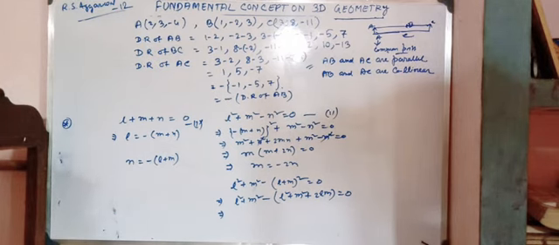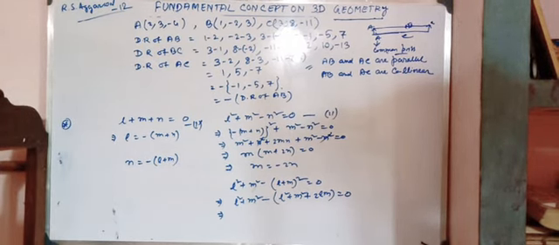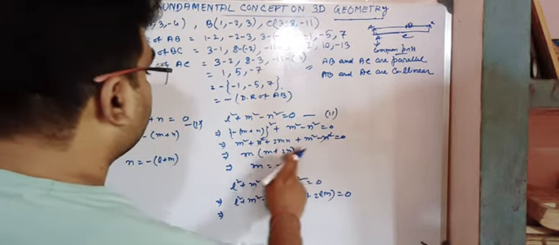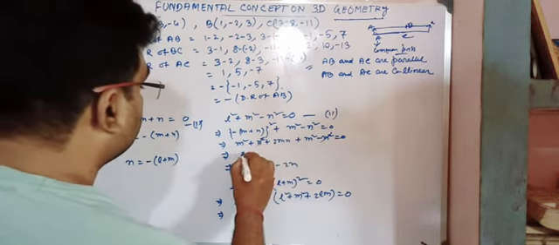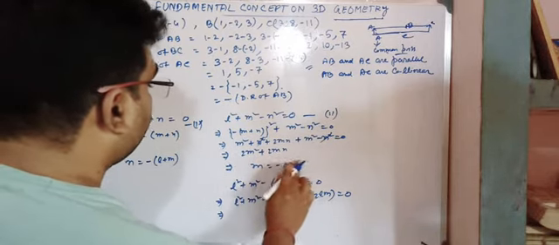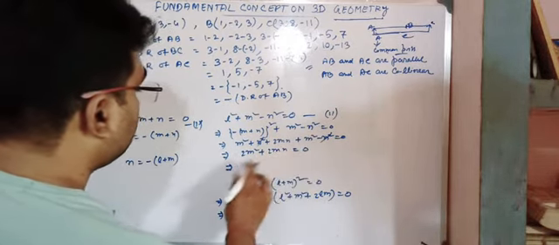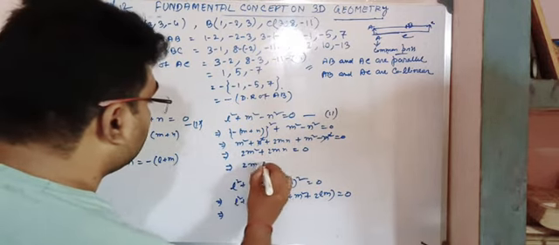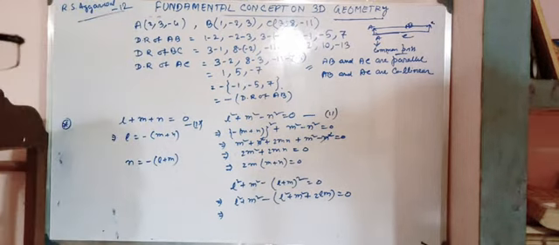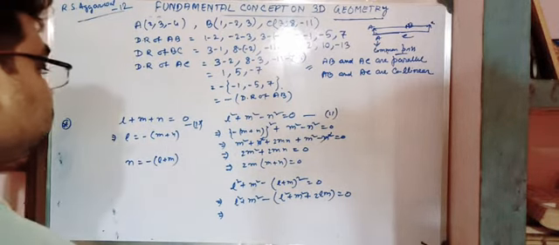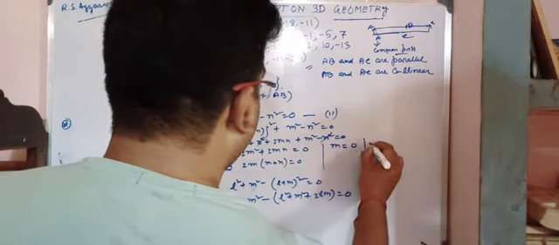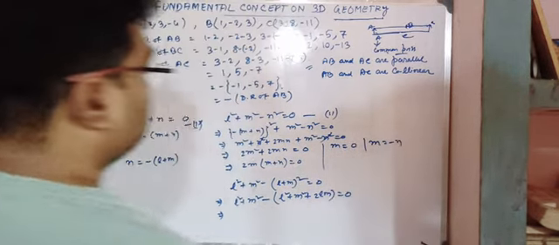Here, viewers, 2m² should come: 2m² + 2mn = 0. Now if we take 2m as common, m + n = 0. That implies m = 0 or m = -n.